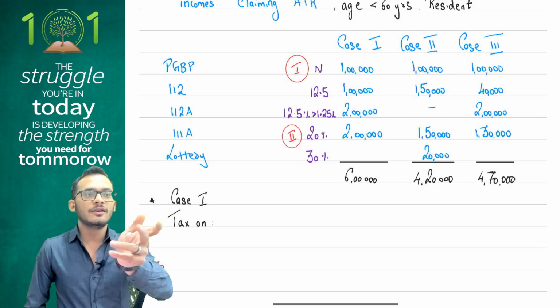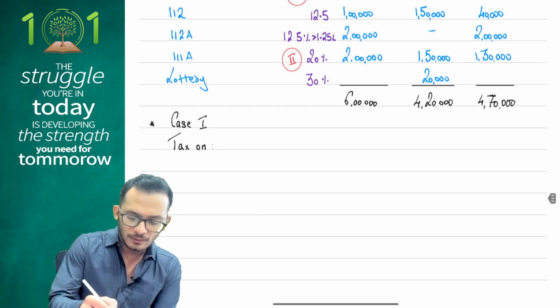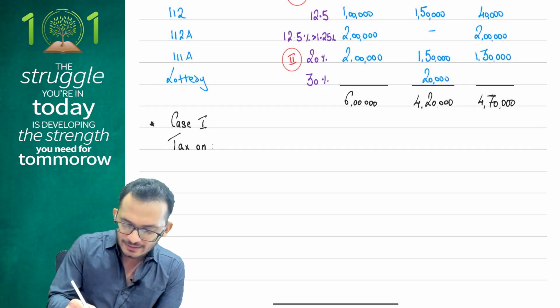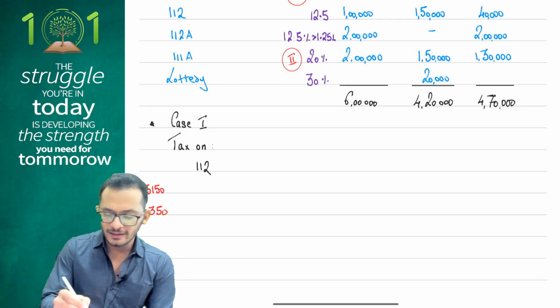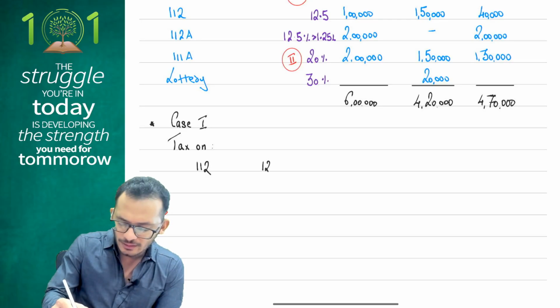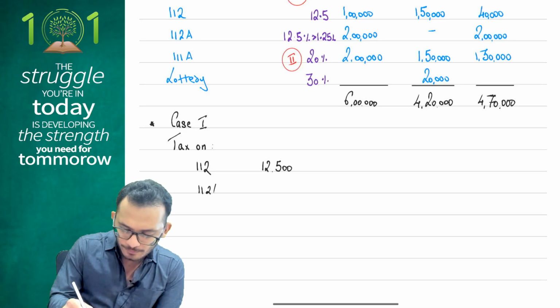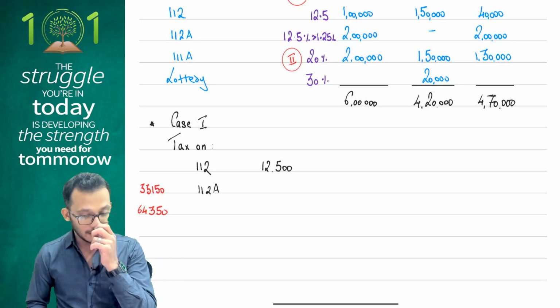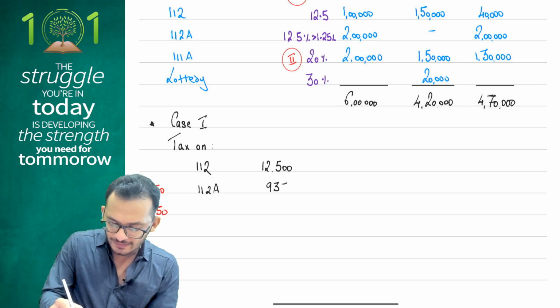When the slab is already gone, there is no point of any more benefits given to you, which means if I have to tax this now, how will this be taxed? I will say tax on 112 remains as it is, no change. 1 lakh into 12.5 gives me 12,500. Next, 112A is 75,000 into 12.5, 9375.